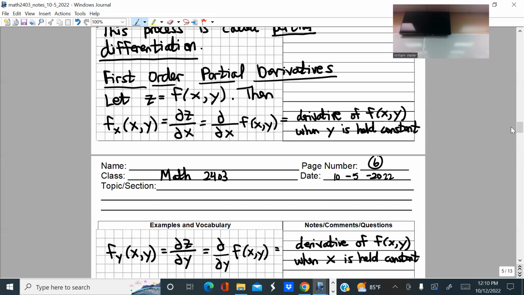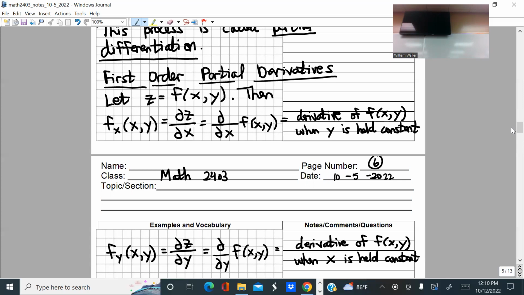Just think of y as a constant. So here's the notation. If you're going to think of holding y constant in this function of two variables and then differentiating, here's the notation that we'll use.